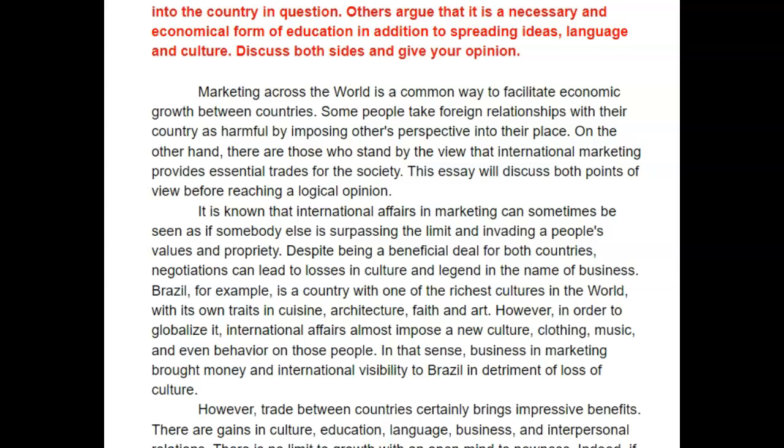Okay, so my problem with this paragraph here is some of your vocabulary. International affairs in marketing is not accurate. And then here too, surpassing the limit, a beneficial deal. Let's see.